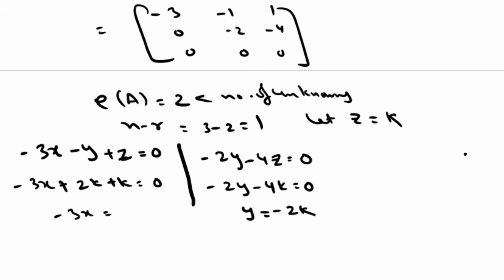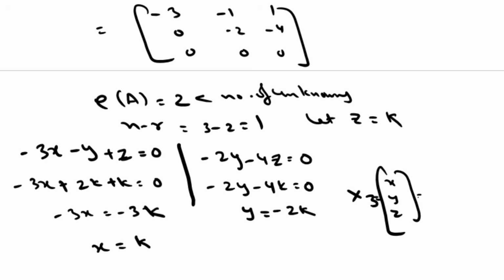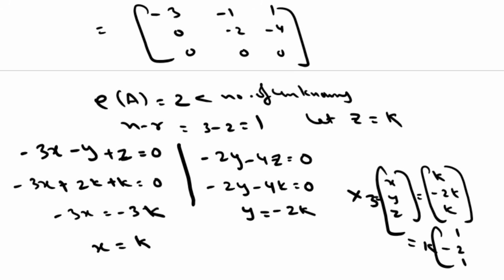Minus 3x equals to minus 3k, x equals to k. Therefore, the corresponding eigenvector for the third eigenvalue is x3 equals to xyz equals to k, minus 2k and k, which is equals to k into [1 -2 1].